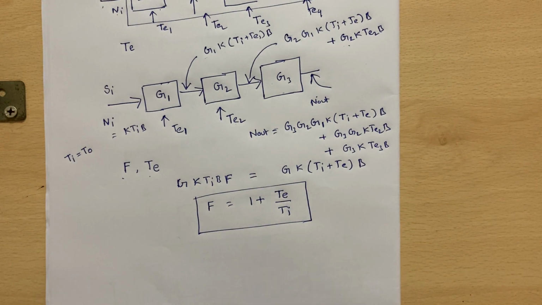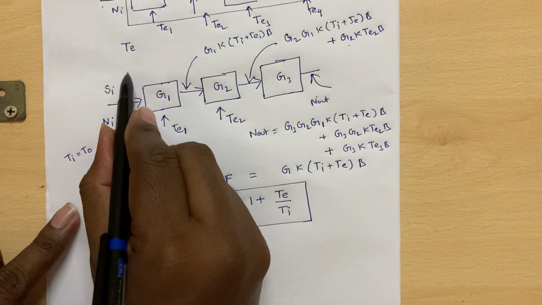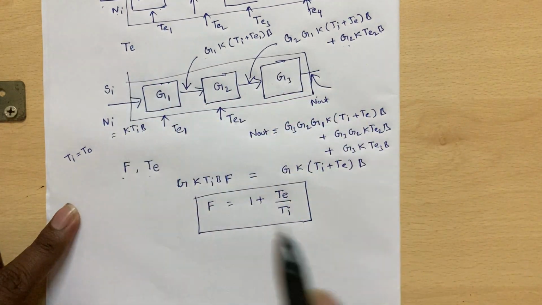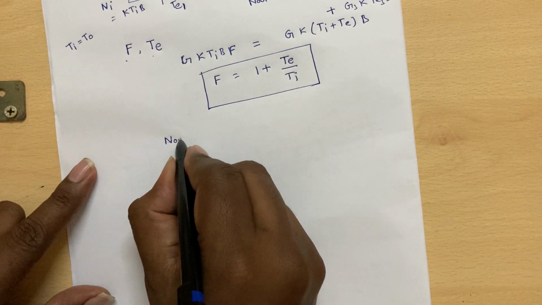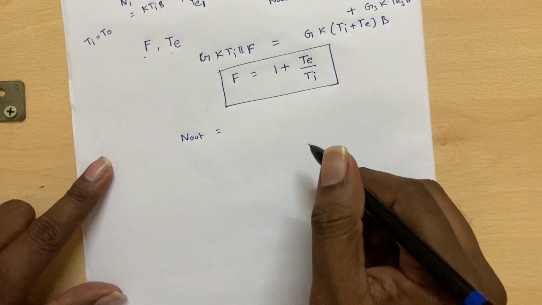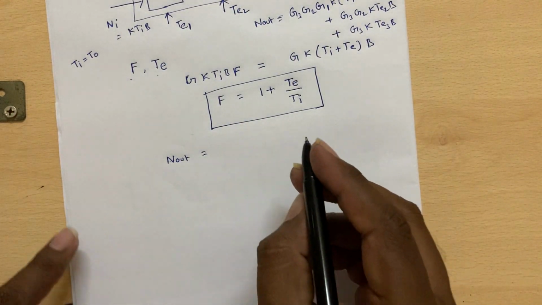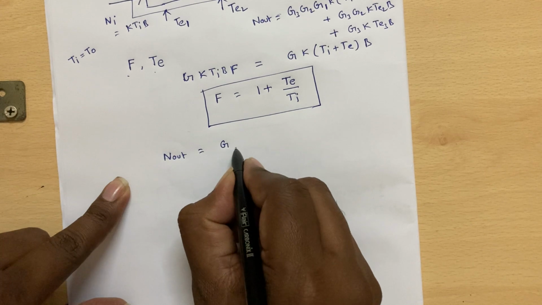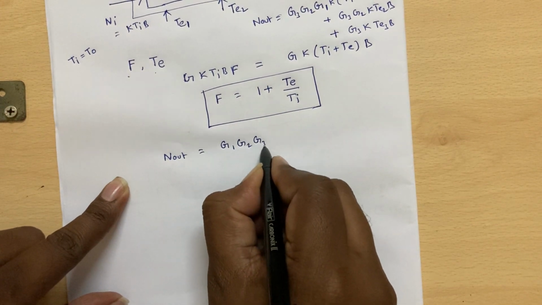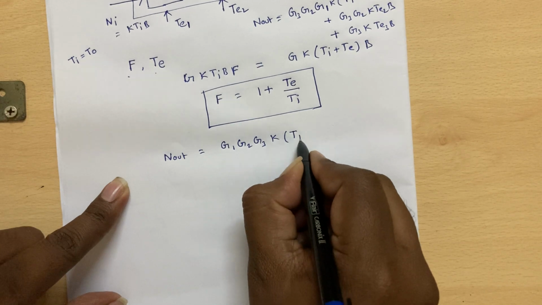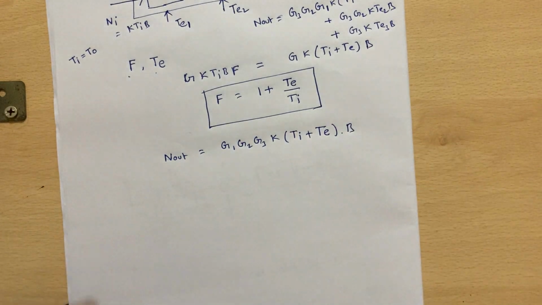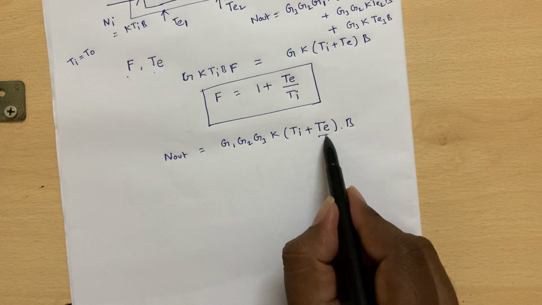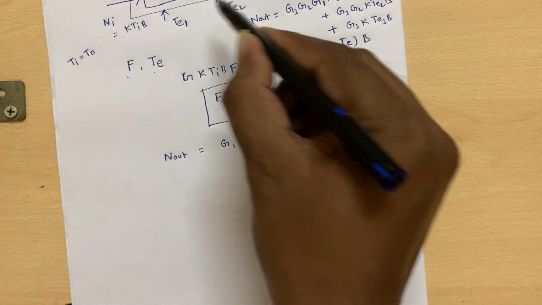If it was not 3 blocks, but only a single block of gain G1 G2 G3, then the output noise power will be G1 G2 G3 K (Ti plus TE) into B. So this is the equivalent noise temperature of all these three blocks.